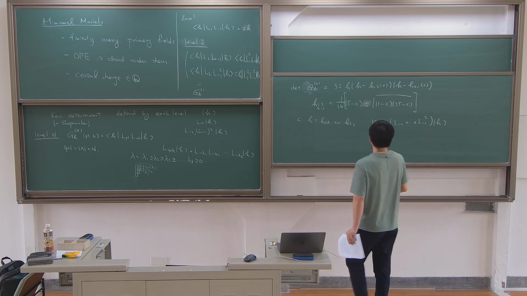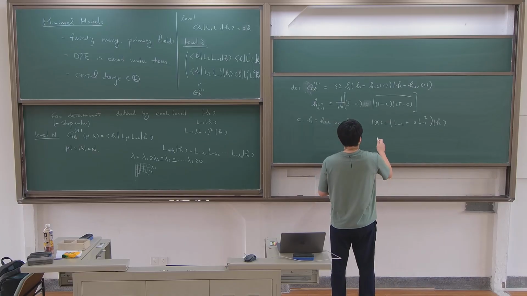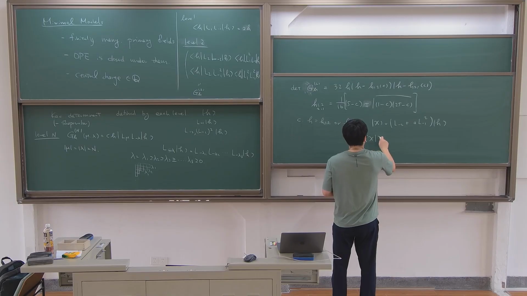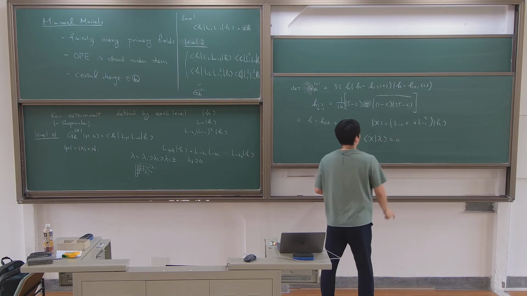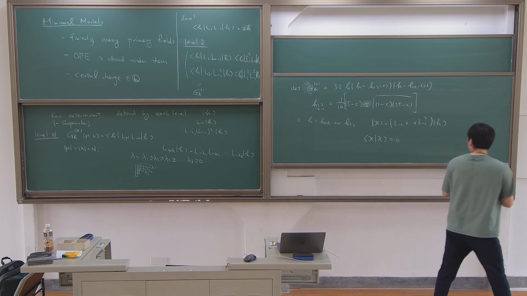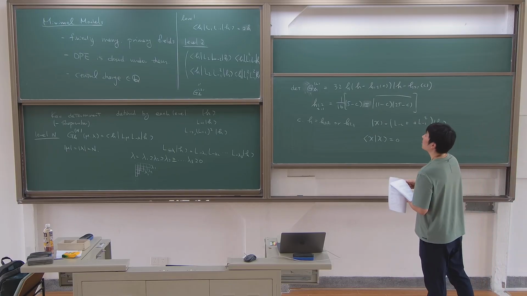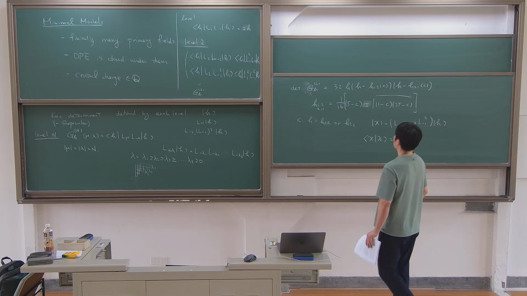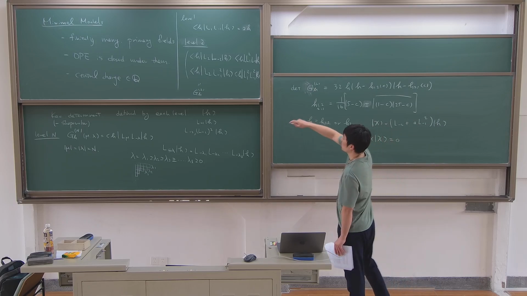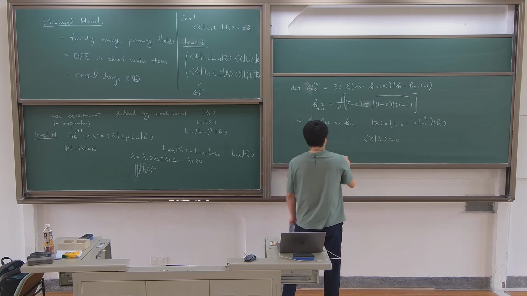This means that χ itself has zero norm. And moreover, if you act with any state in this Virasoro conformal family on it, you will get zero.